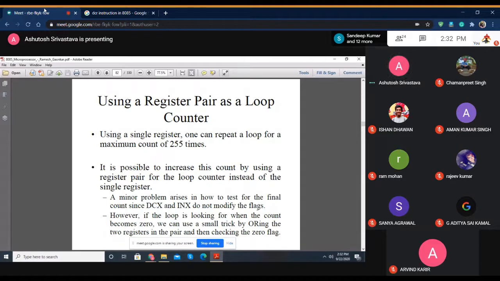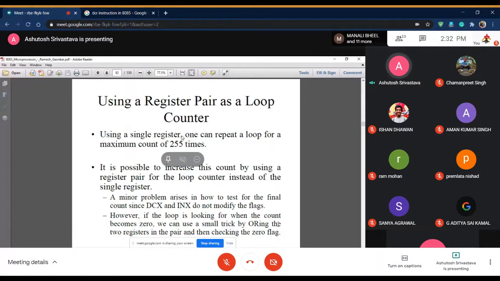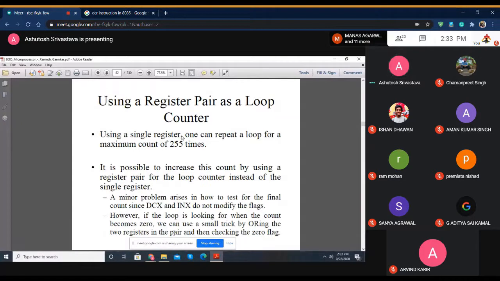This issue can be overcome by considering a situation in which the loop is looking for when the count becomes equal to 0. We introduce ORing the two registers in the pair and then checking the zero flag.